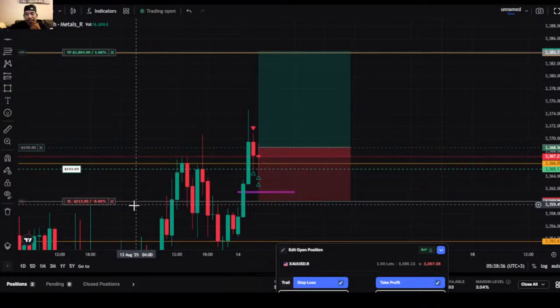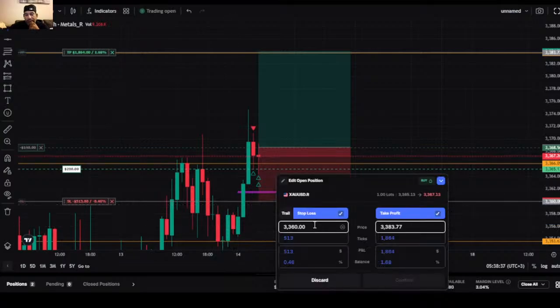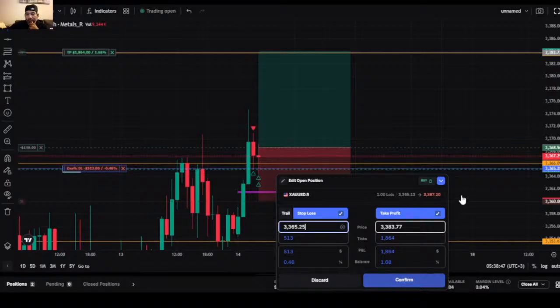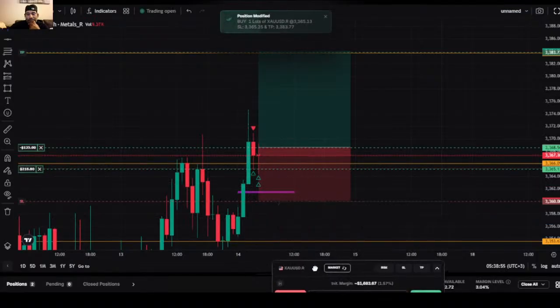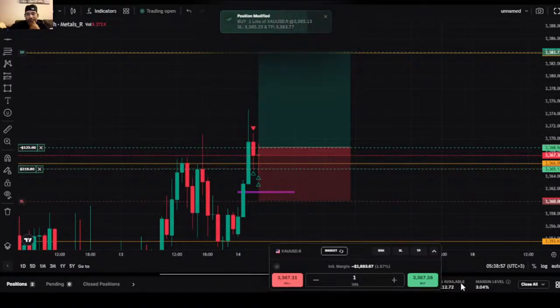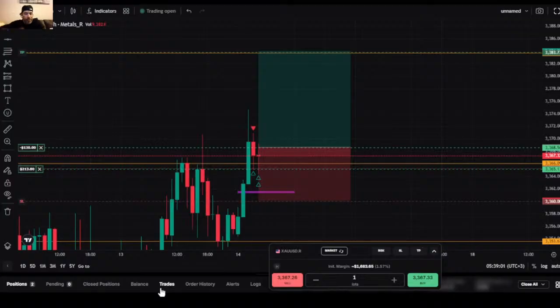I'm going to go break even on the second entry, just in case. All right, I went break even on the second entry. There's no risk on that one. It's running 21 pips now, so let's see if we get the full flip.